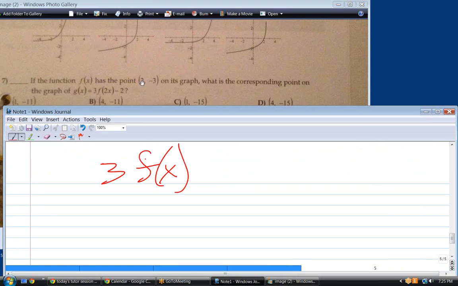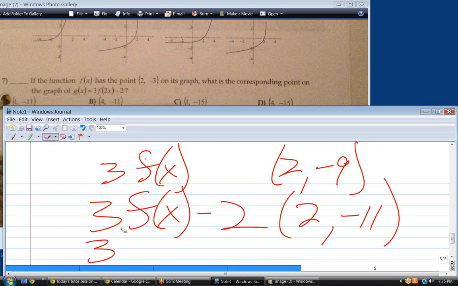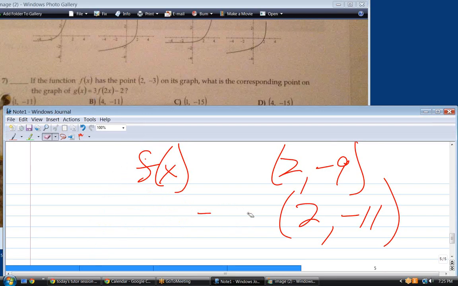Well, that means that instead of 2 comma minus 3, the point would be 2 comma minus 9, right? Yeah. Okay. So if I said 3 f of x minus 2, then the point would be 2 comma minus 11, right? Yeah. So let's go back and take the simple case.